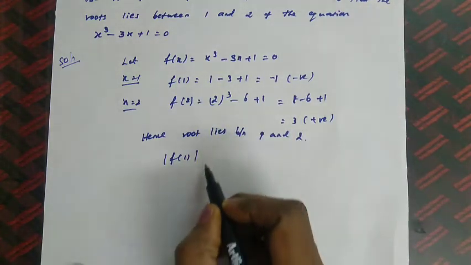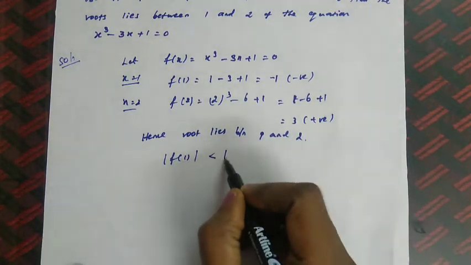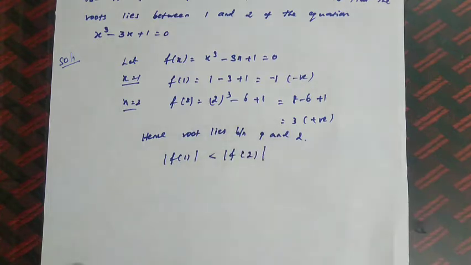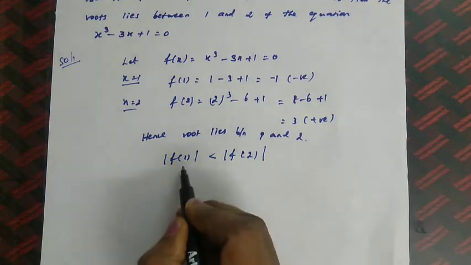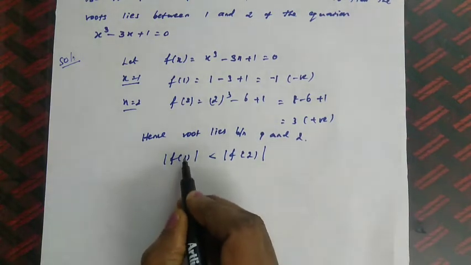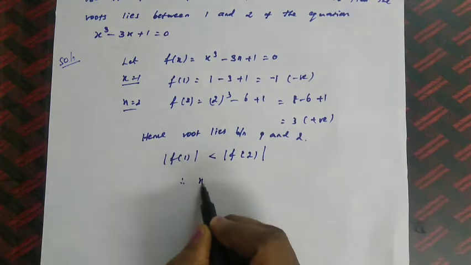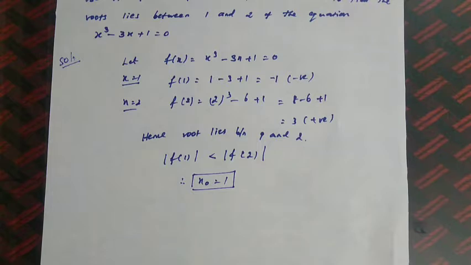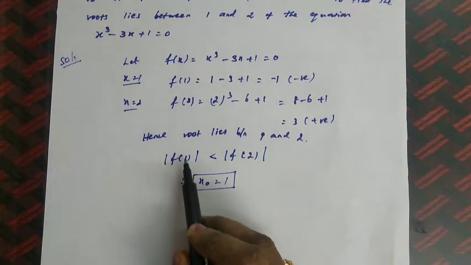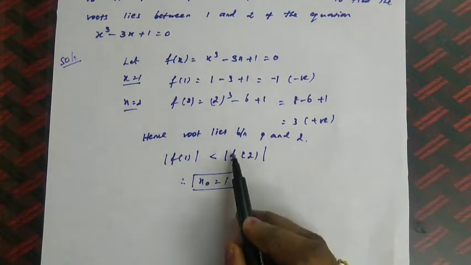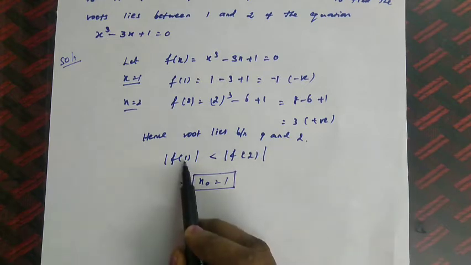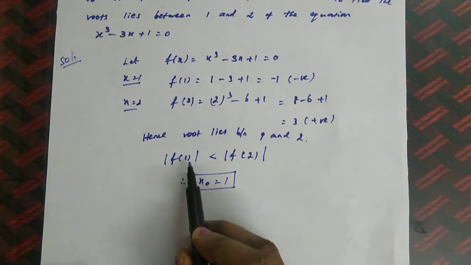So obviously modulus of f of 1 is less than modulus of f of 2. So which one is our x naught? Our x naught is 1. Is it clear to you all? Because the absolute value of f of 1 is less than the absolute value of f of 2, that is the reason we take our x naught as 1. So initialization is over.